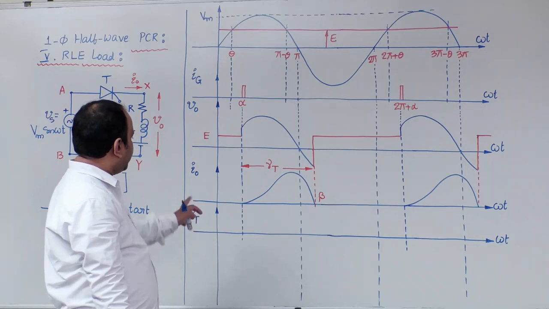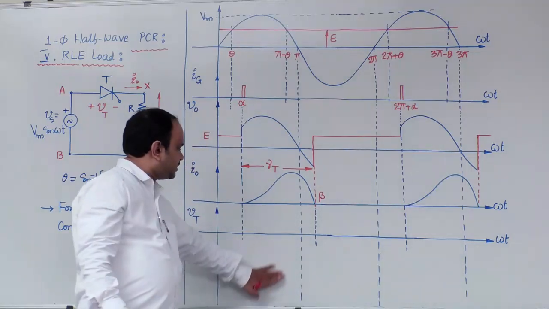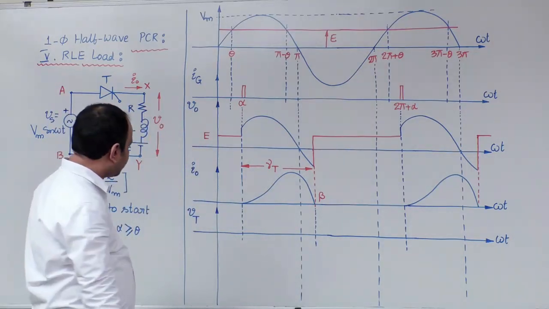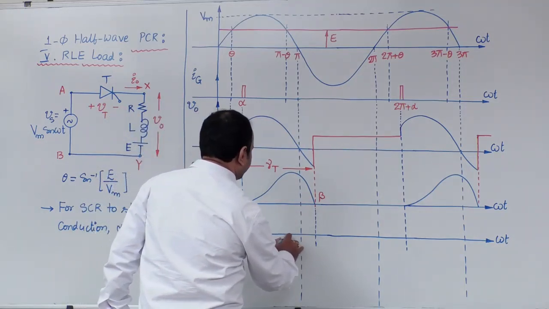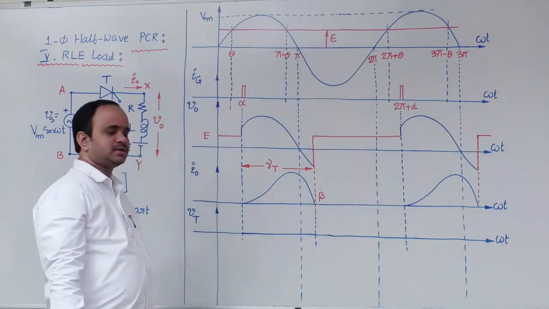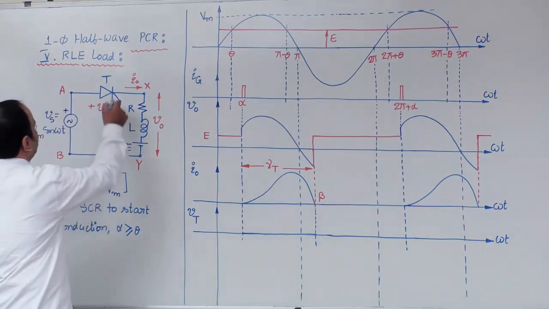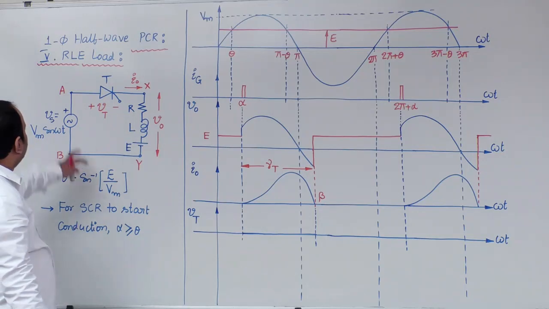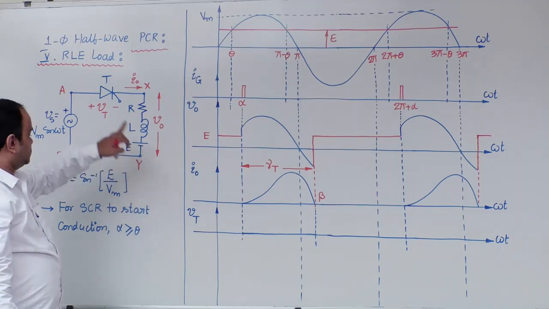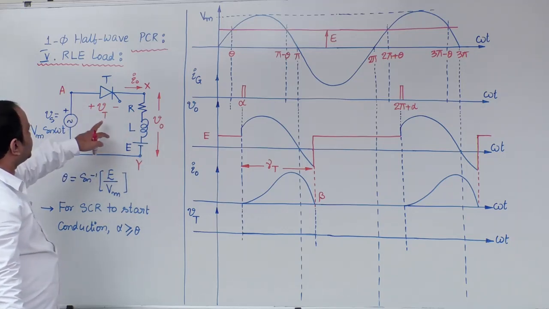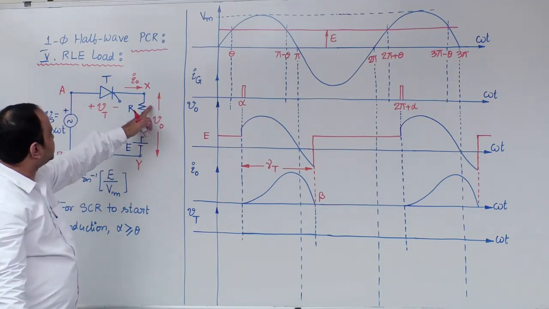Next waveform is the voltage across the device. We know that as the device is in conduction from alpha to beta, you can safely draw the voltage across SCR as 0. Now in this case also, the voltage across SCR means the anode voltage, that is the sinusoidal value, minus load EMF E. Now you may have a question: when I define sinusoidal value minus load EMF, what about this resistor and inductor?